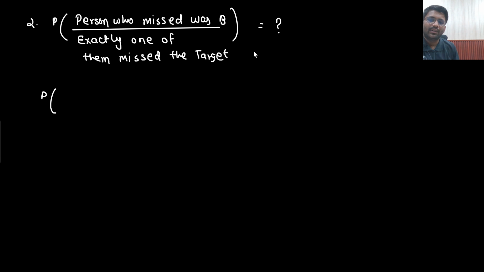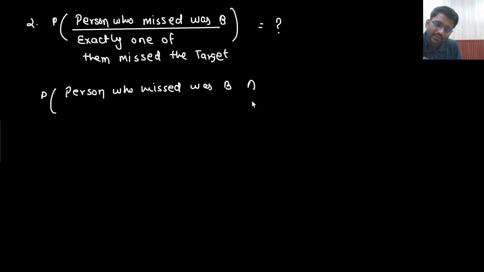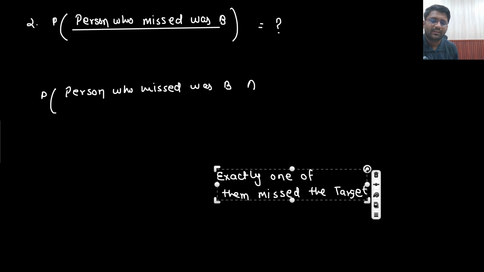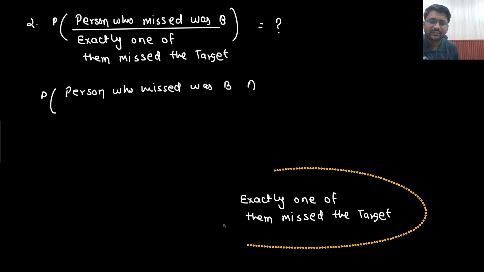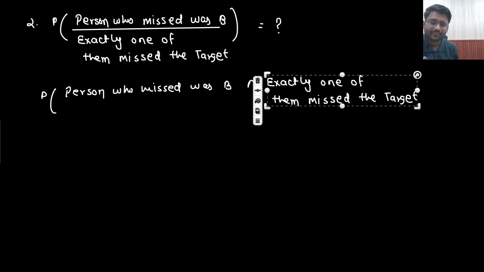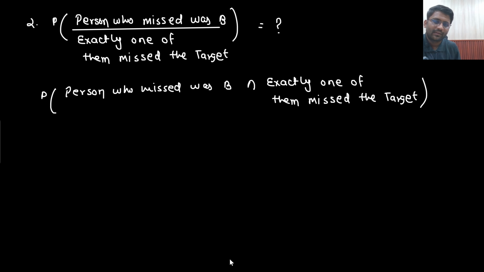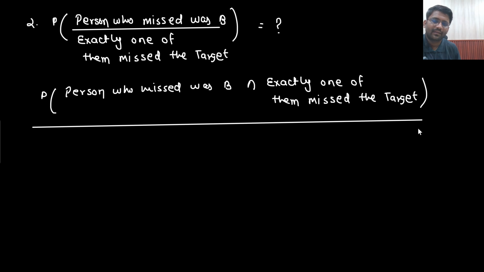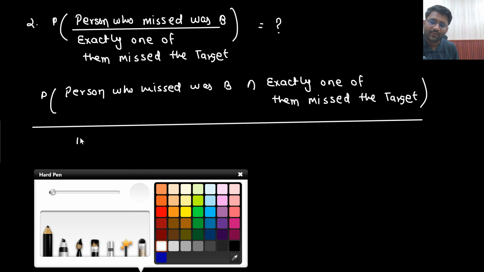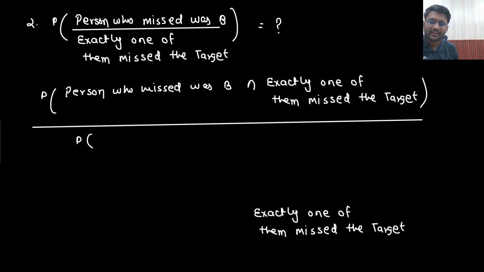So what I need to do is take the intersection: the person who missed the target was B, intersection with exactly one of them misses the target, divided by the probability of exactly one of them misses the target.